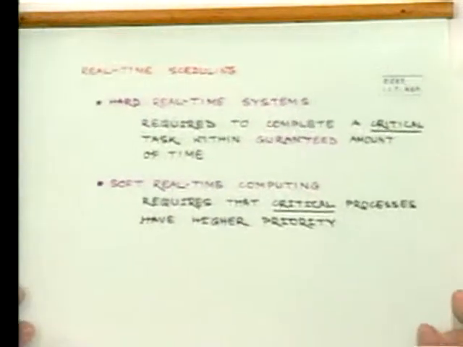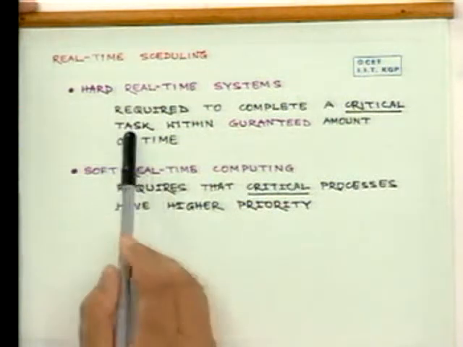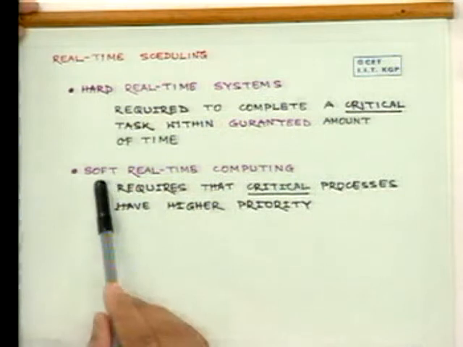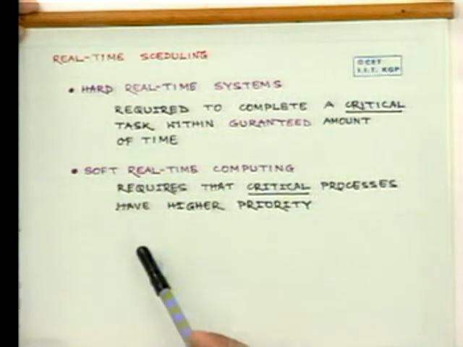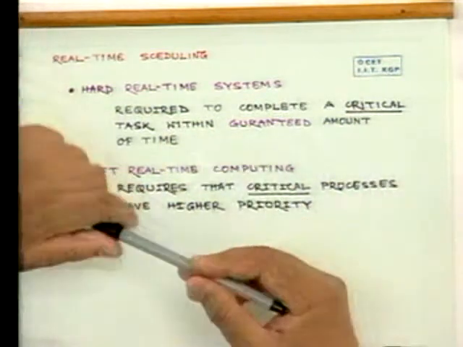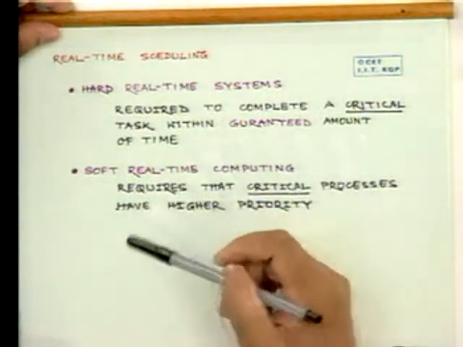Now, let's go to another scheduling scenario, which we call real-time scheduling. In the case of real-time scheduling, we can have either hard real-time systems or we can have soft real-time computing. In the case of hard real-time systems, a critical task has to be completed within a guaranteed amount of time.